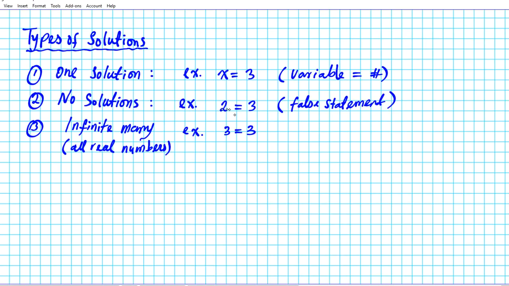Remember, when you end up with a false statement, you will have no solutions. And when you end up with a true statement with no variable components attached, in that case, you have infinitely many solutions, or all real numbers as your solutions. Okay, and this is a true statement. So look out for these solution types when we are solving the problems in this presentation.